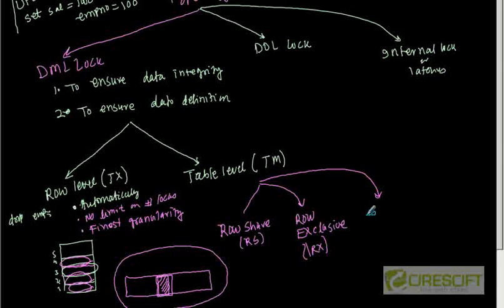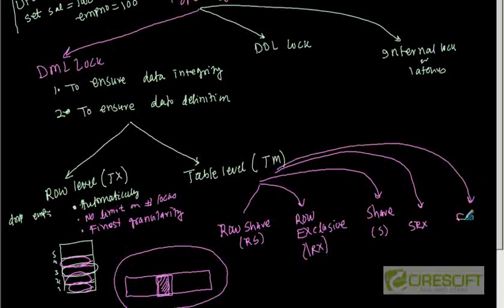Number 3 is called share, or simply S. The next is called share row exclusive, or SRX lock, and the last one is exclusive lock.